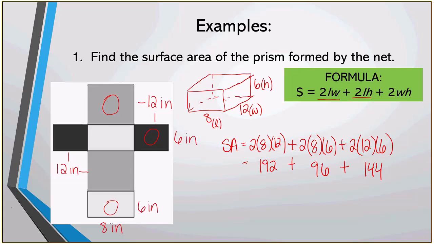So we get our surface area by adding all of those numbers together. 192 plus 96 plus 144 is 432, and remember with surface area we're squaring our units. So 432 inches squared. Okay, if there aren't any questions there, I'm going to go ahead and go on to the next one.